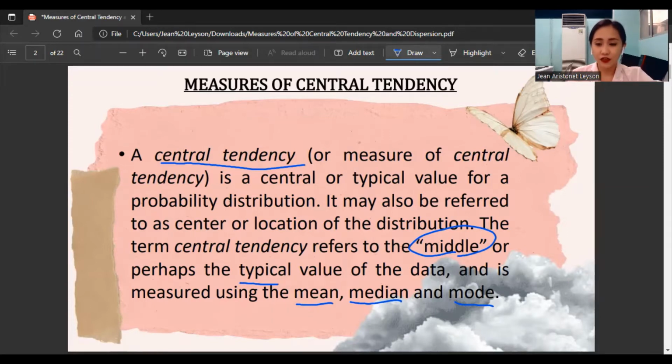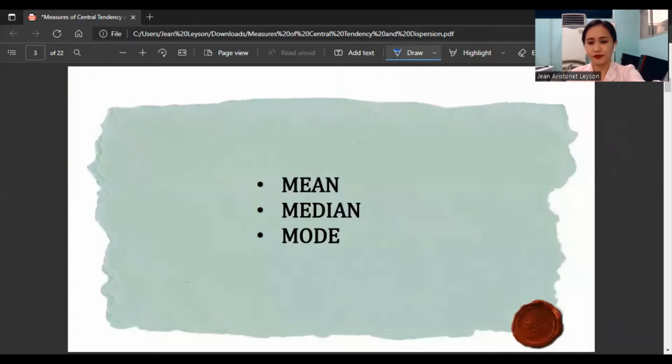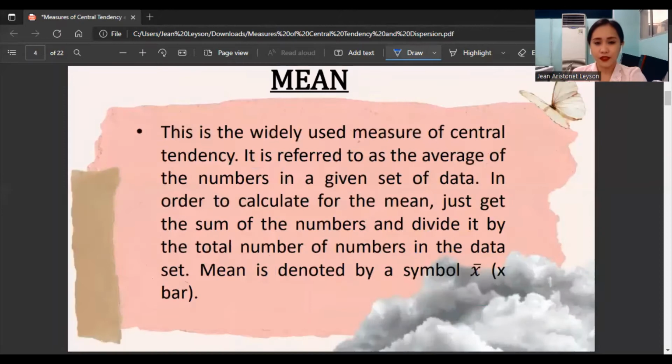I think you've already heard these terms before: the mean, the median, and the mode. These are the three measures of central tendency, which I will be discussing one by one. Let's start off with the mean.